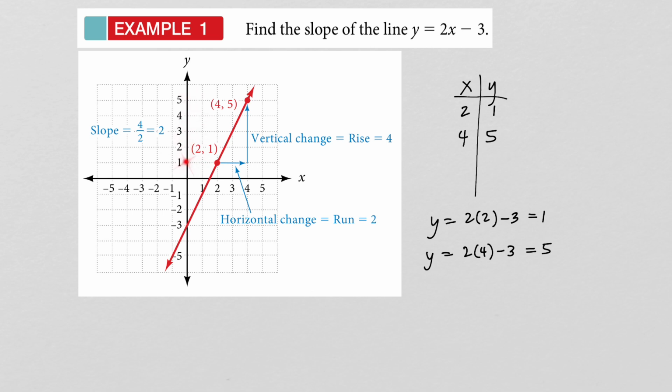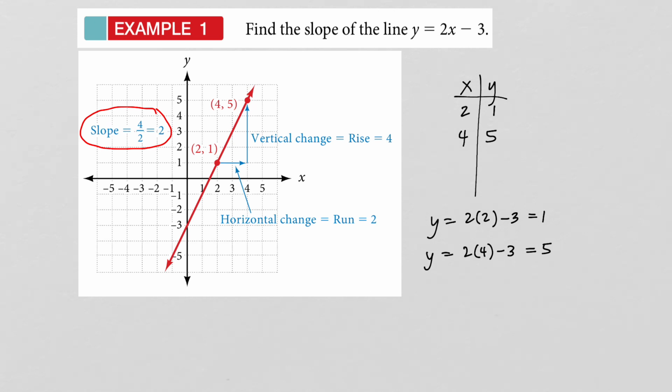So that is a vertical change of 4 units. And the horizontal change, we're moving from x equals 2 to x equals 4. That change there can be measured to be 2 units. So the rise is 4, the run is 2, therefore the slope is 4 divided by 2, which is equal to 2.